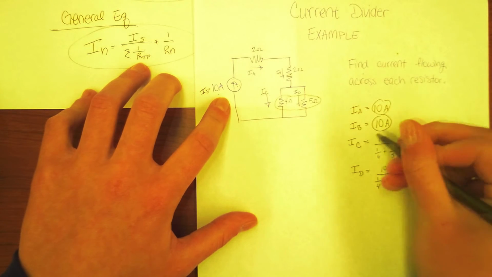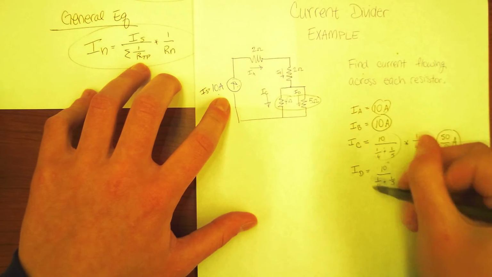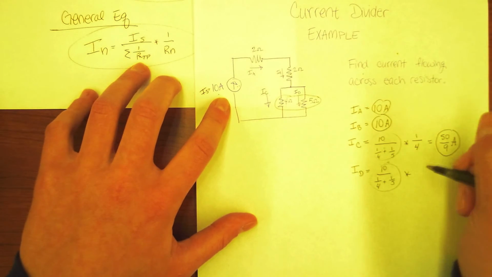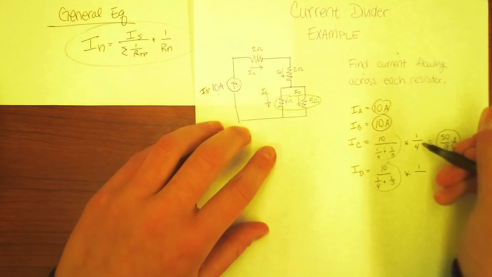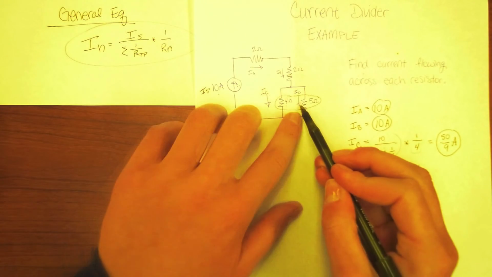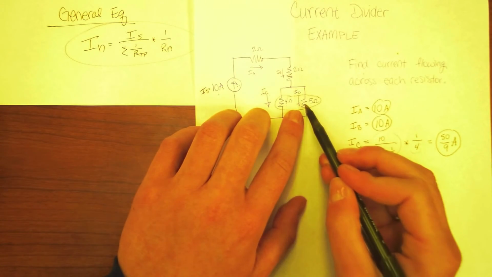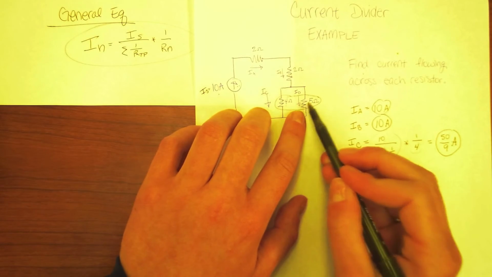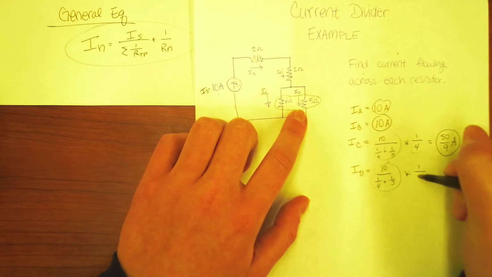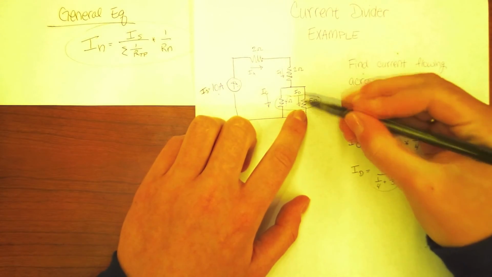Again, all this is the same. It's the same equation there. And times, now here's where it's going to change. So this 4, again, we got from this one, but now we're looking for the current across this resistor. So you're going to do 1 over 5 here.